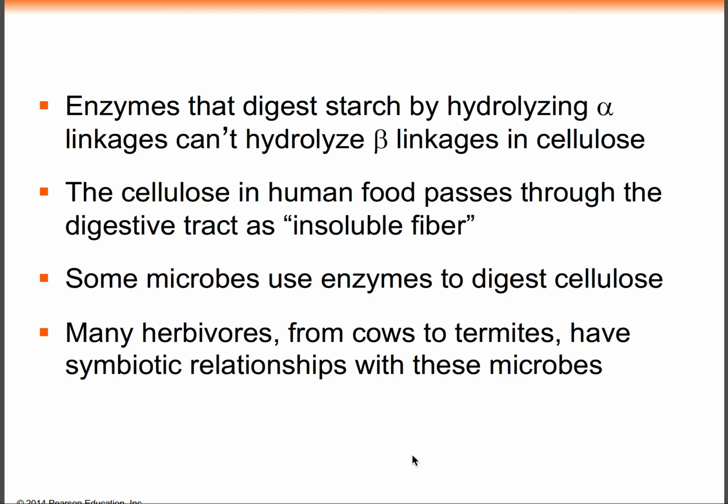Enzymes that digest starch by hydrolyzing our alpha linkages cannot hydrolyze beta. Therefore, we can't break cellulose down. A lot of the plants that we eat, lettuce, a lot of our vegetables that have a lot of cellulose in the cell wall, pass through our system undigested, and we call that fiber.